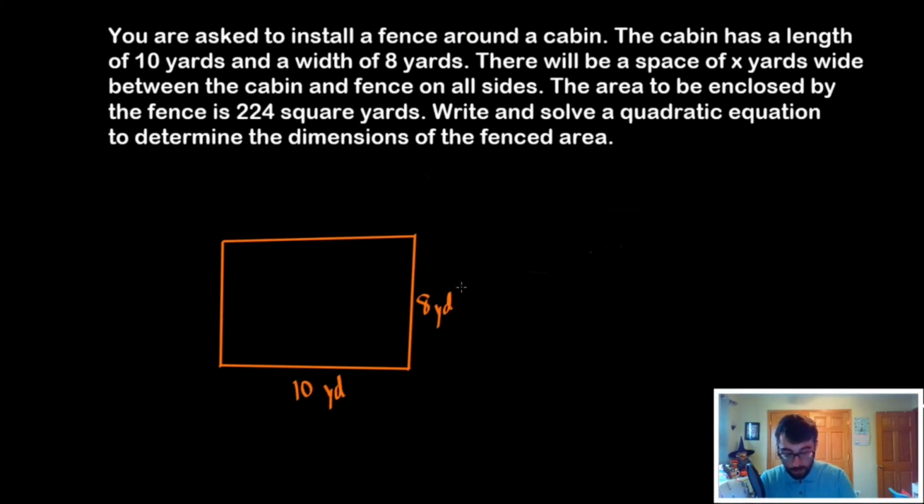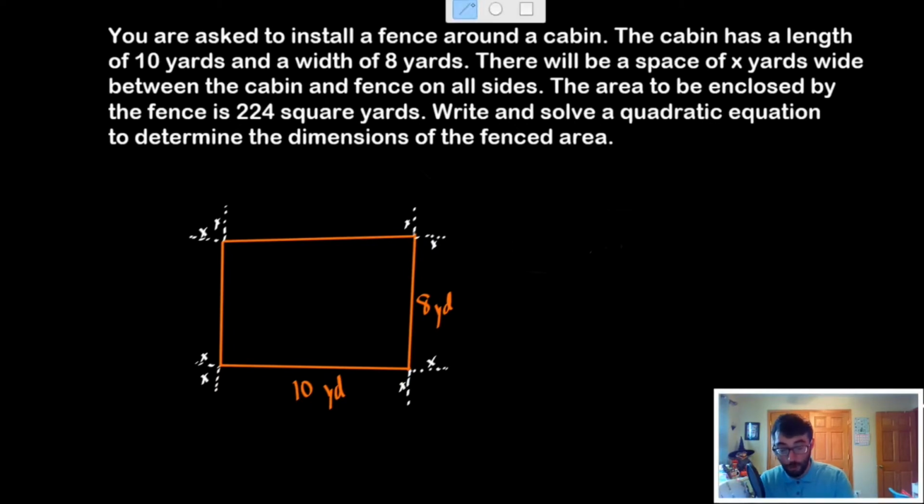And we're going to be adding some unknown length around each side that is going to be X yards. We do not know what this length is. But we do know that when we enclose the area, it is now going to be 224 square yards.